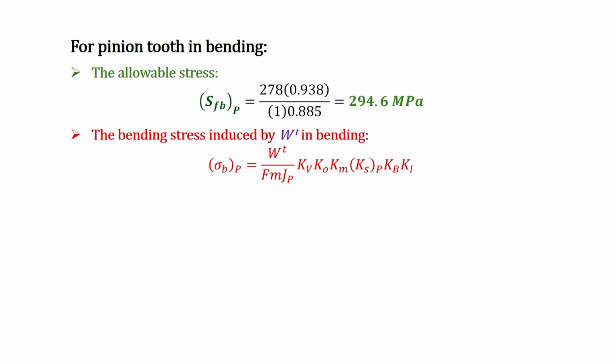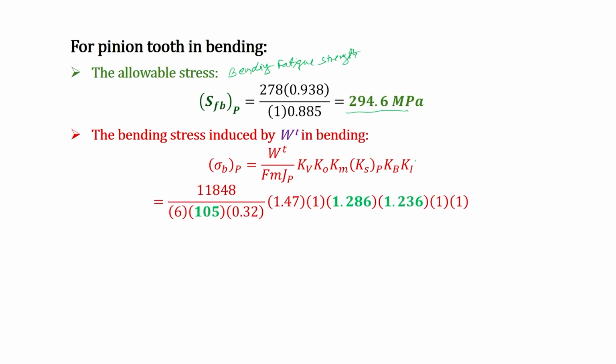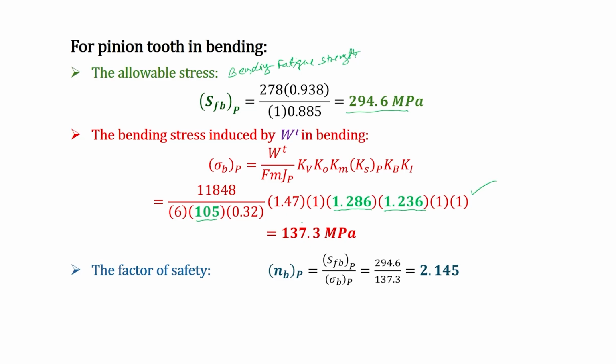For the pinion tooth in bending, the allowable stress or the bending fatigue strength is given by this one, and the bending stress which will be induced is given by this one, by substituting the new value of face width, new value of mounting factor and the size factor, and it comes as 137.3.